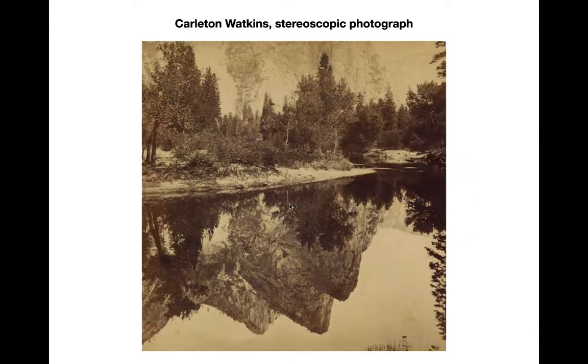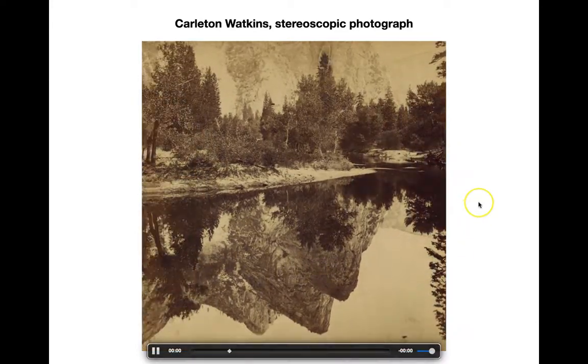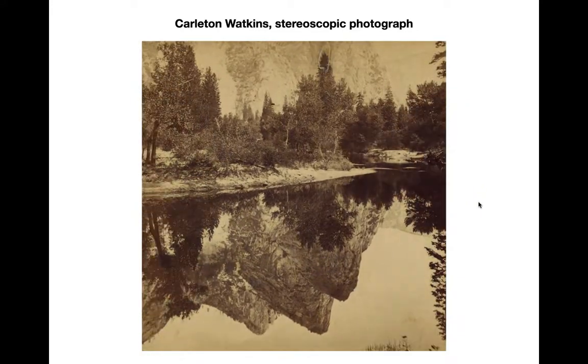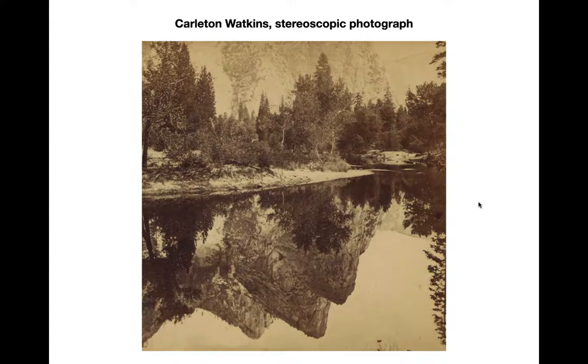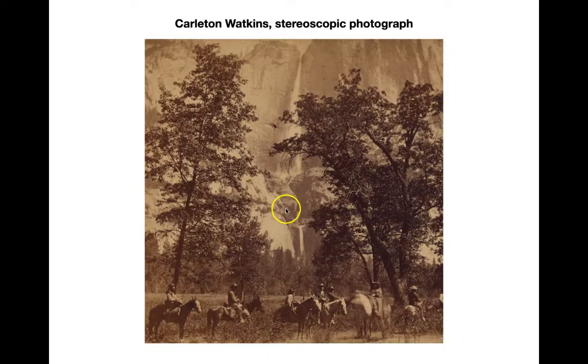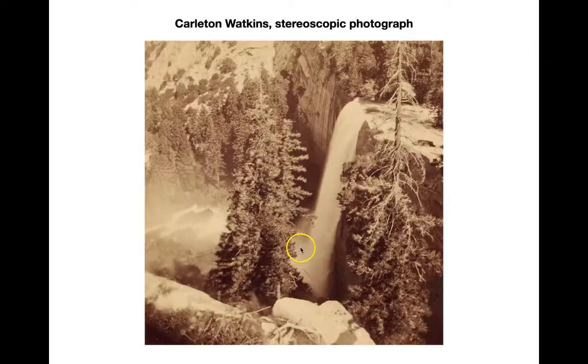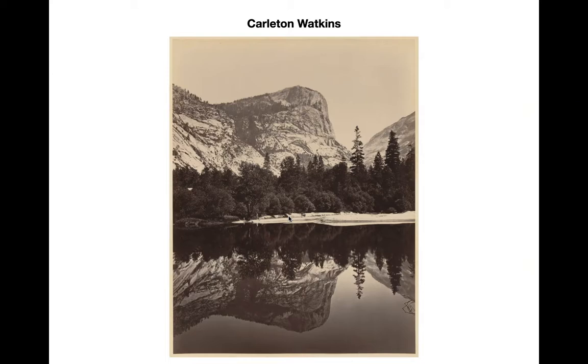You can see that although these were photographs made for a survey, Watkins has a great sense of composition and framing. You can see Watkins trying to give a sense of the scale and the majesty of these places.